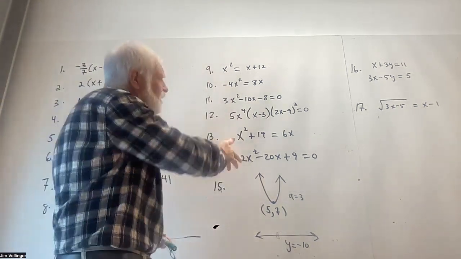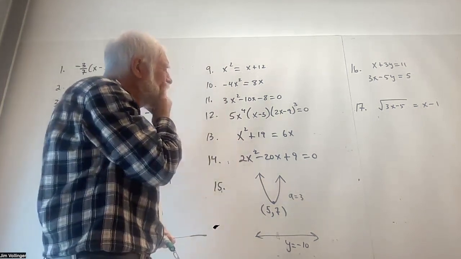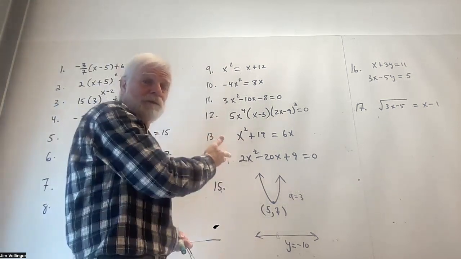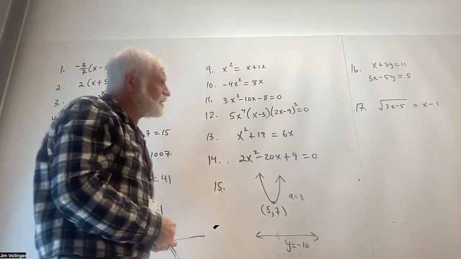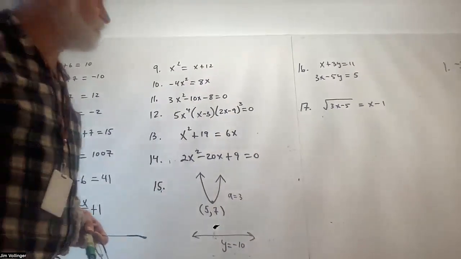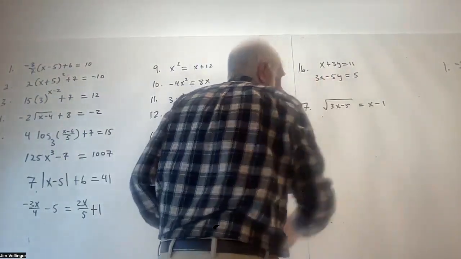Sometimes we can rewrite them and use inverse operations. Sometimes completing the square, quadratic formula, factoring, of course, is a basic skill. And then we have a couple of other equations over here that I'll just show you how to work with.